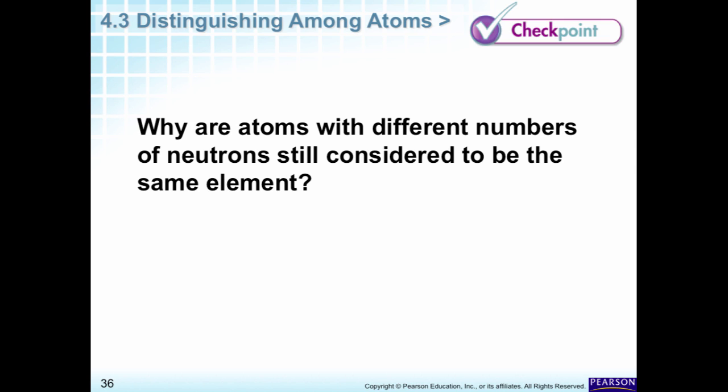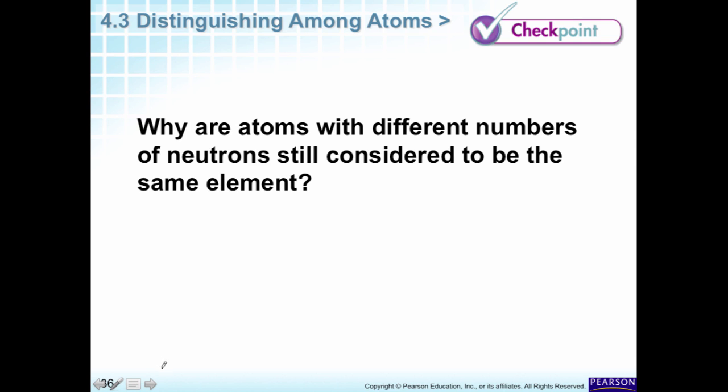Why are atoms with different numbers of neutrons still considered to be the same element? Well, that's a great question. Okay, what did I say previously about what makes the identity of the atom, and what governs the chemical properties? Well, the atomic number is the number of protons. That's going to tell you the identity. And how it reacts with other elements is determined by the number of electrons it starts out with, which is the same number.